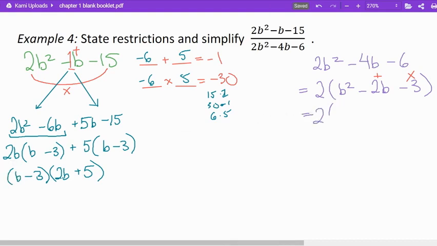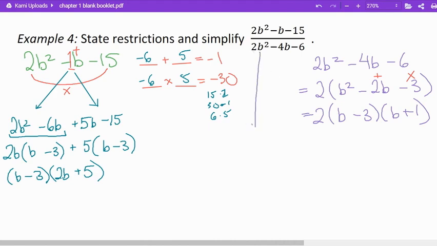So I've got the 2 out front. B minus 3, b plus 1. And then I kind of steal a look at both of them, and I'm like, do they have a similar multiple? And they do. And I'm like, yeah, I'm probably on the right track. Awesome. All right.